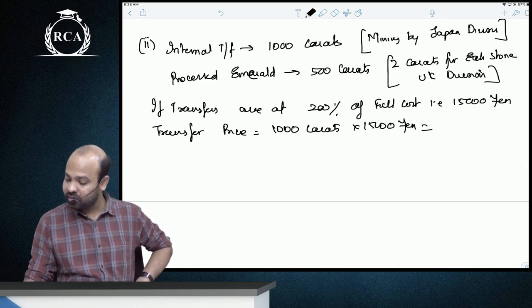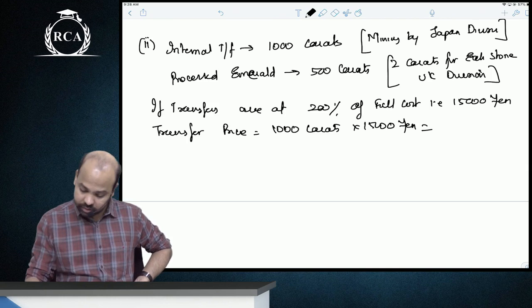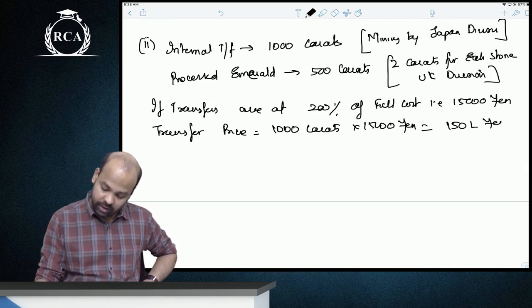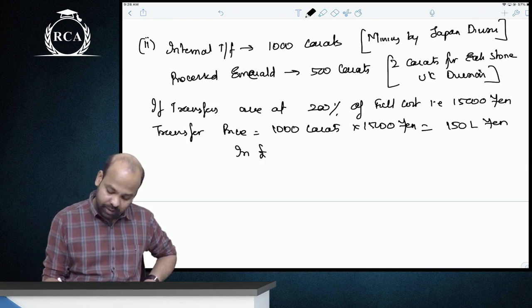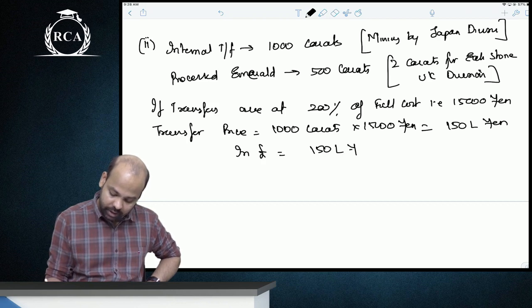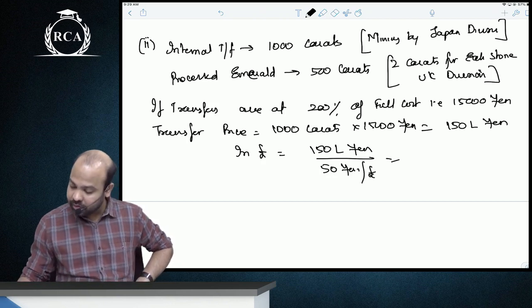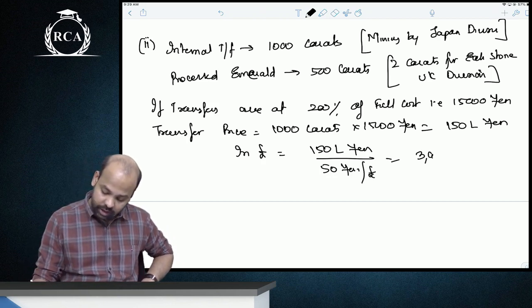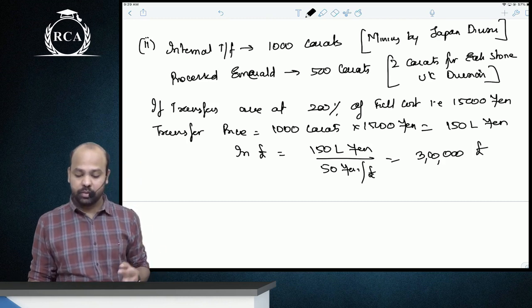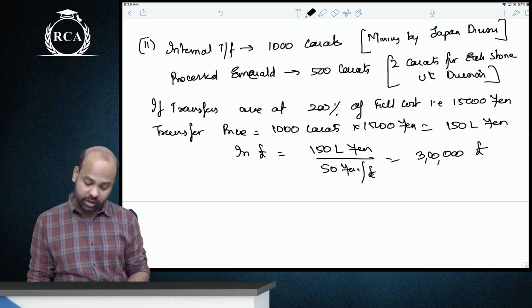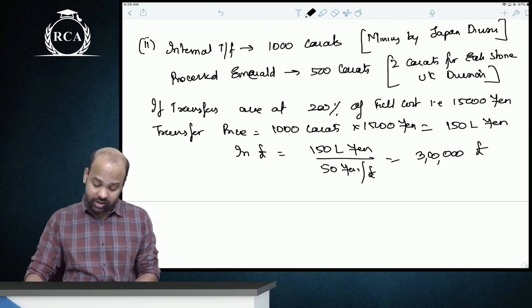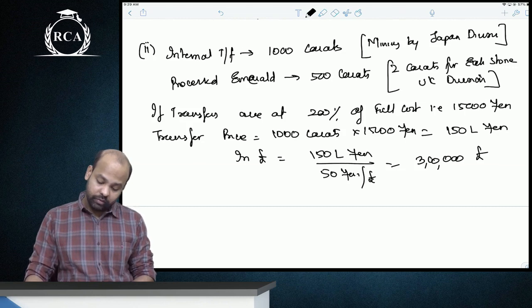So this is 150 lakh yens. In pounds, I would write 150 lakh yens divided by the pound rate, which is 50 yen per pound. So this is 3 lakh pounds. Apart from the cost that you are taking, for the variable cost of polishing, this 3 lakh pounds should also be considered for the other division.